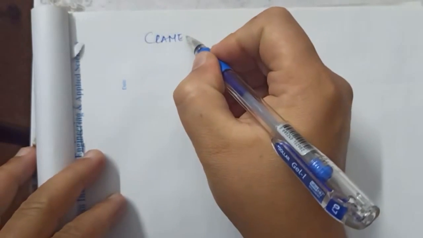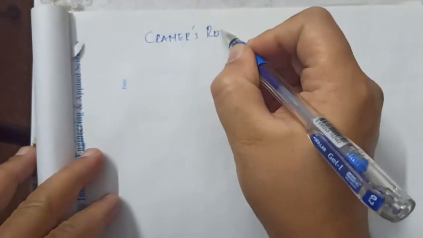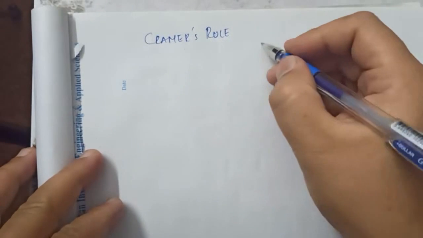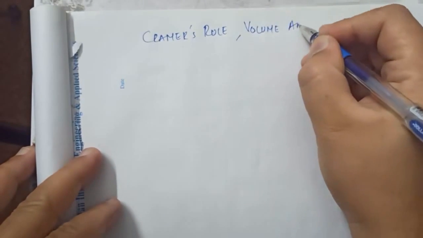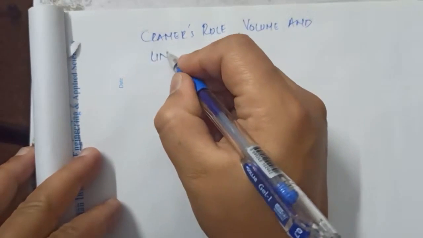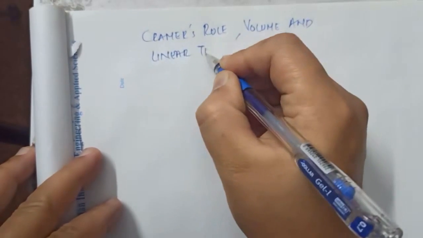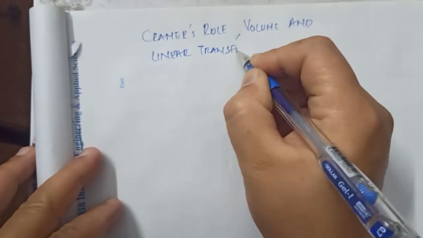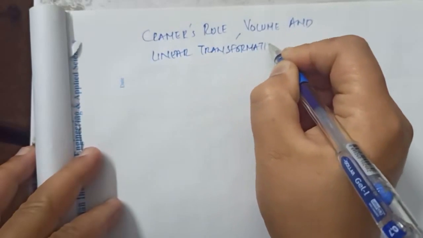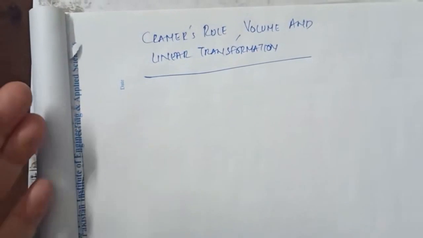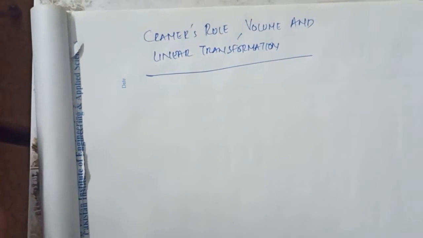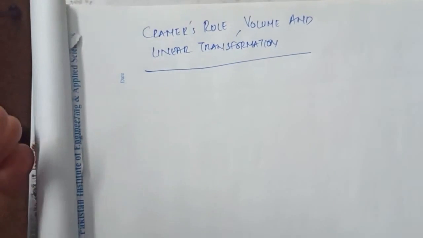So Cramer's rule is one of the methods to solve a system of linear equations, and actually Cramer's rule is needed in a variety of theoretical calculations.